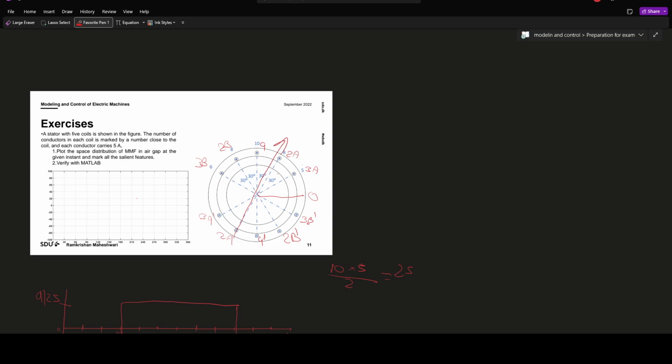So from 0 to 180 minus 30, 150. From 0 to 150, the flux is going out of the rotor, so we are going to say that it is negative.